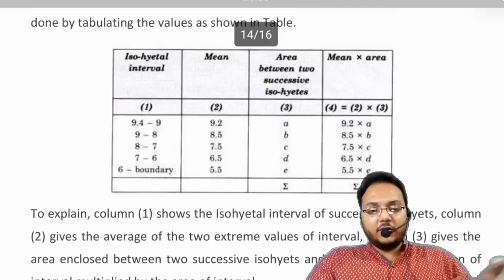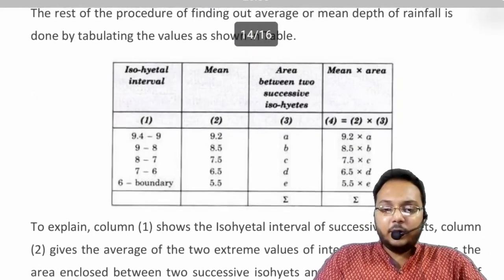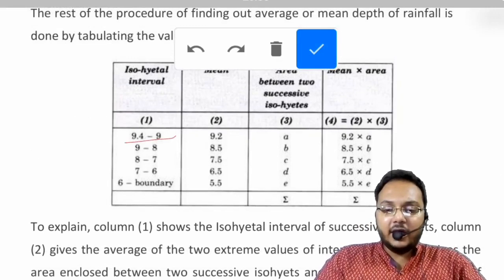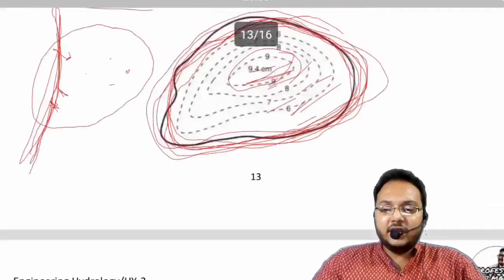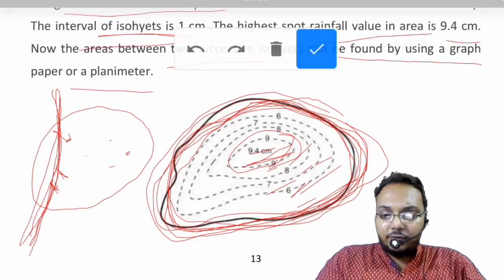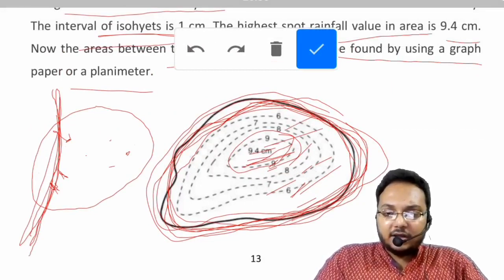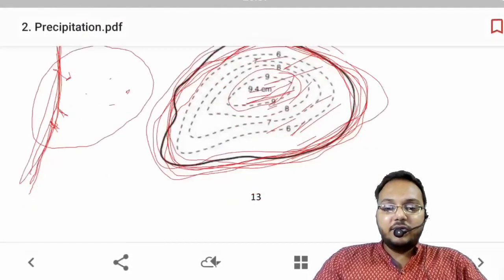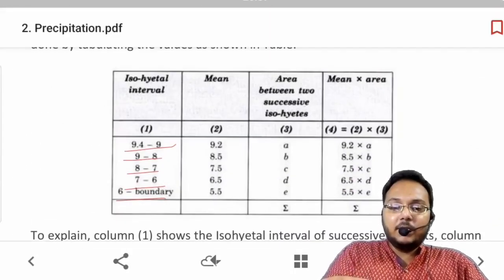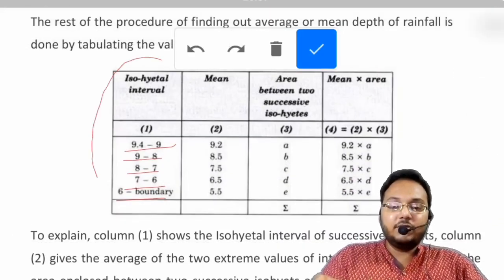You can see the isoheightal intervals: 9.4 to 9 over here, 9 to 8, 8 to 7, 7 to 6, and then 6 to the boundary. These are the different isoheightal intervals mentioned in the first column.